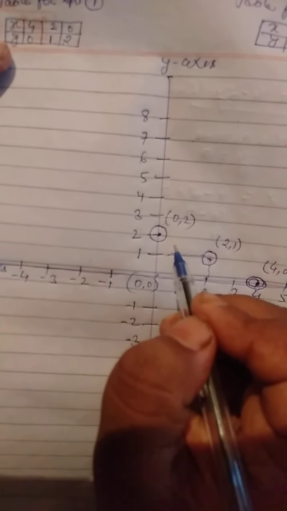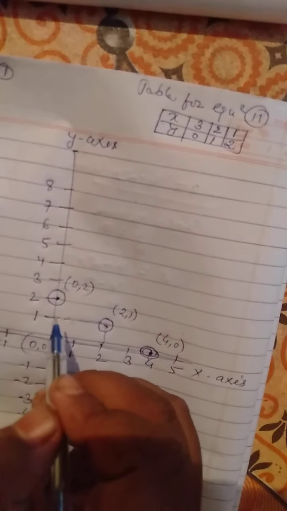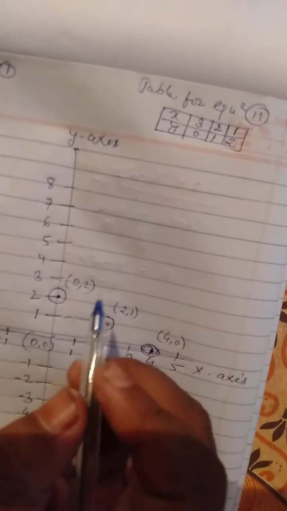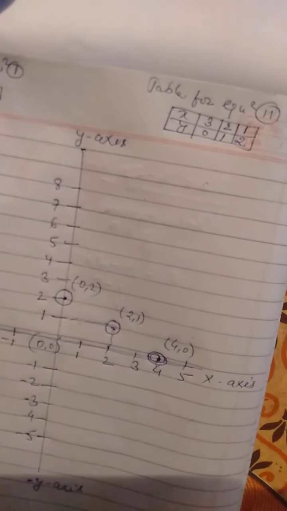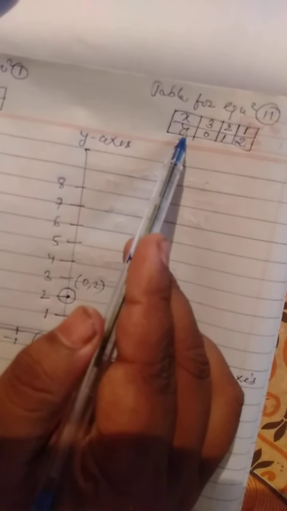Now we have another equation, and the table for the other equation is mentioned here. According to this table, x equal to 3, 2 and 1, and y is equal to 0, 1 and 2.